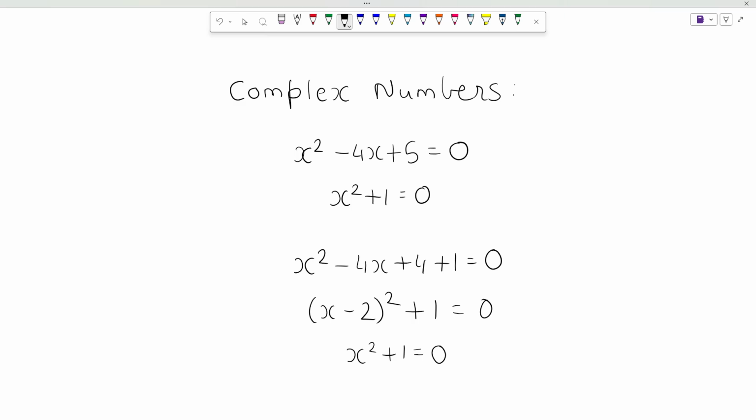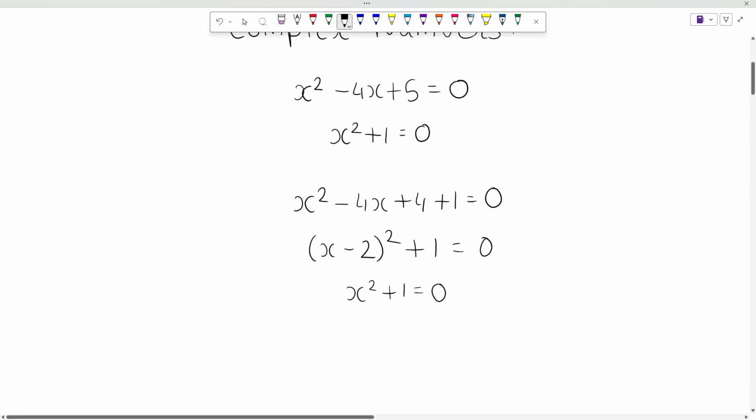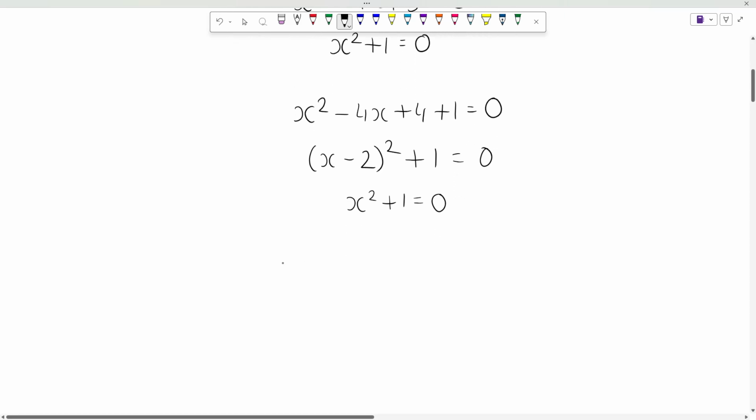So x over here cannot be a real number because a square cannot be negative. So what happens? We take the square of iota as minus 1. So we get iota as equal to square root of minus 1.